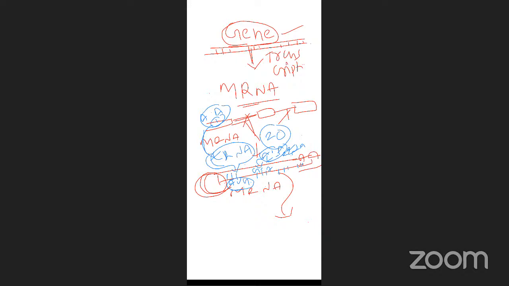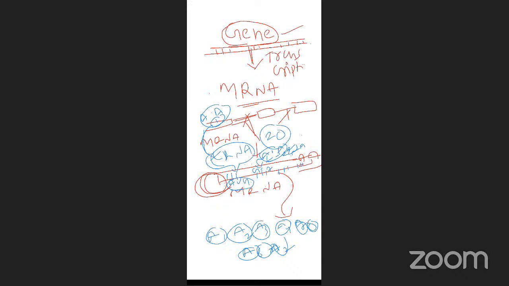Different types of amino acids are brought towards the triplet codons, and this synthesizes a group of amino acids: A1, A2, A3, A4, A5, A6, A7, all together forming peptide bonds and developing into a chain.